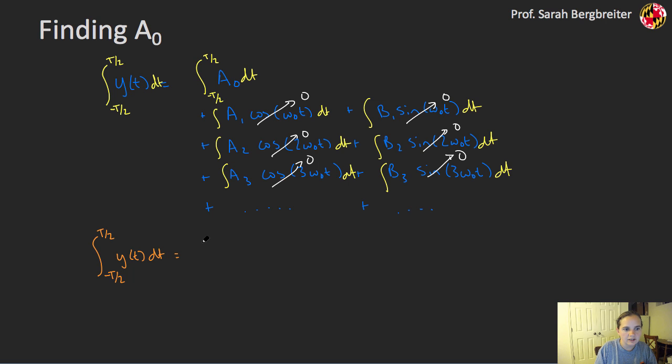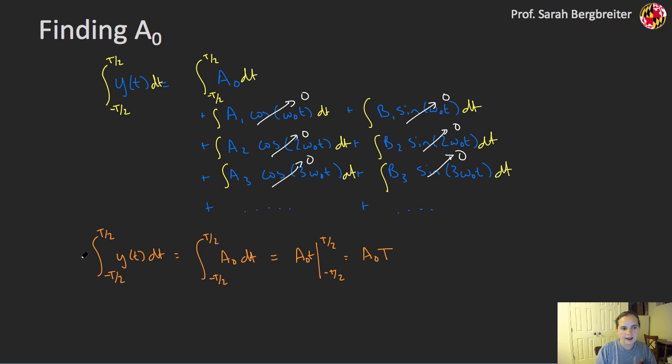dt is equal to the integral from minus T over 2 to T over 2 of a naught dt, and that's just a constant term there, so I'm going to get a naught t evaluated from minus T over 2 to plus T over 2, which gives me a naught T in the end.